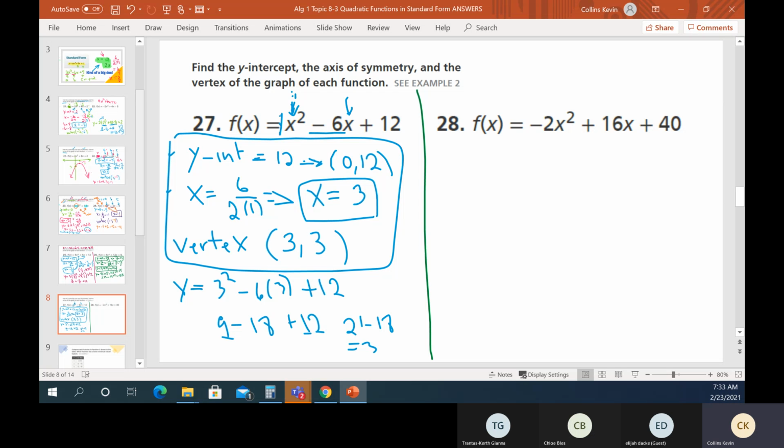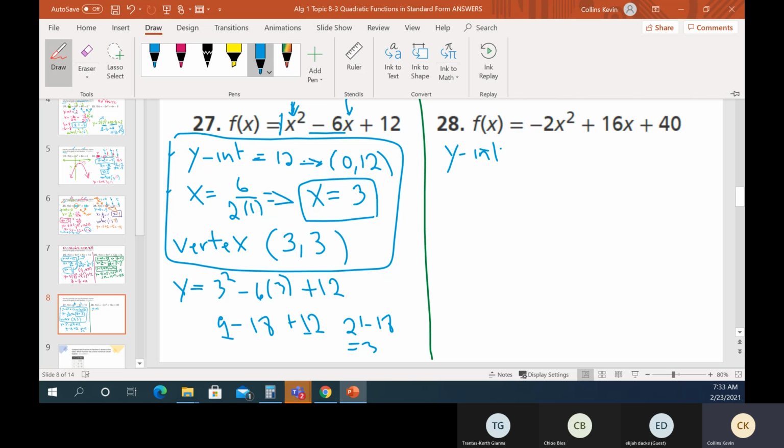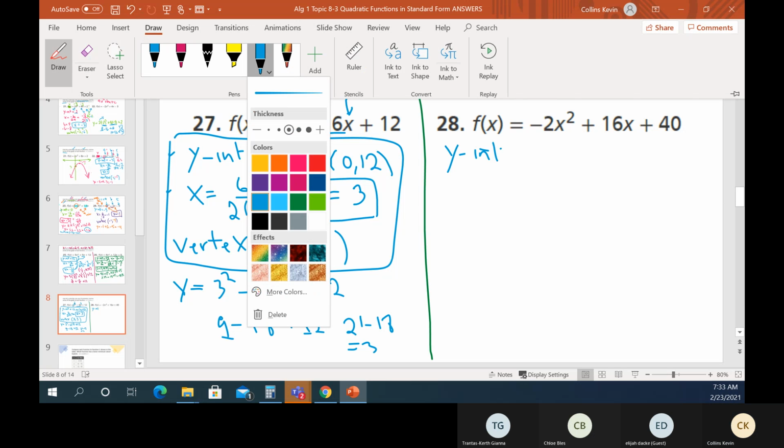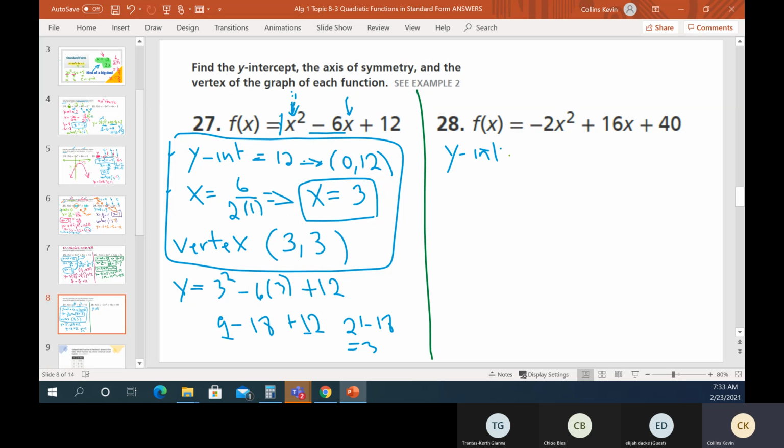So this one, y-intercept. Let's change colors for this side. So the y-intercept here is going to equal 40, right? And then next we figure out the axis of symmetry, which is that whole minus b over 2a thing, right? Which means we switch the sign on this guy, so we make him negative 16.